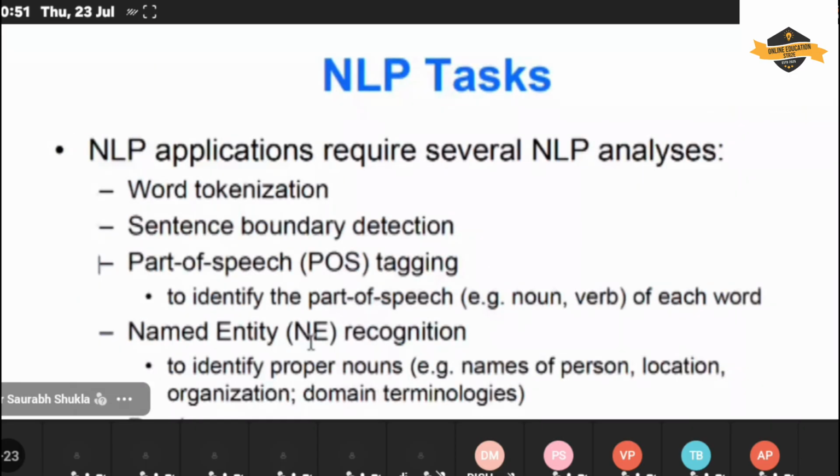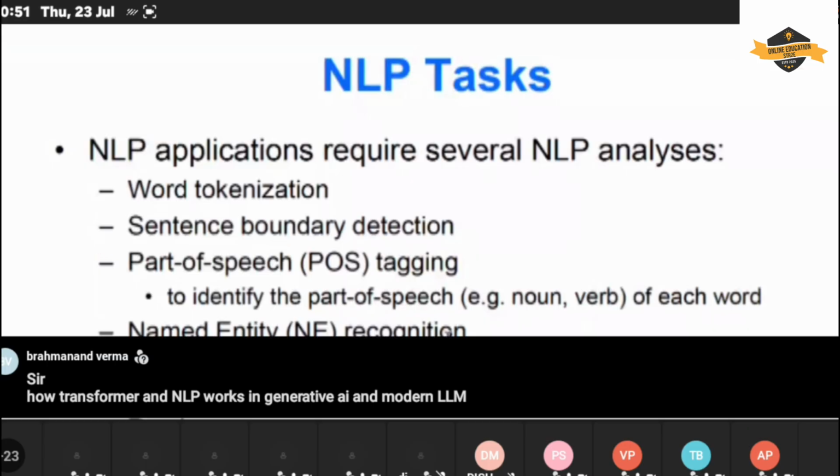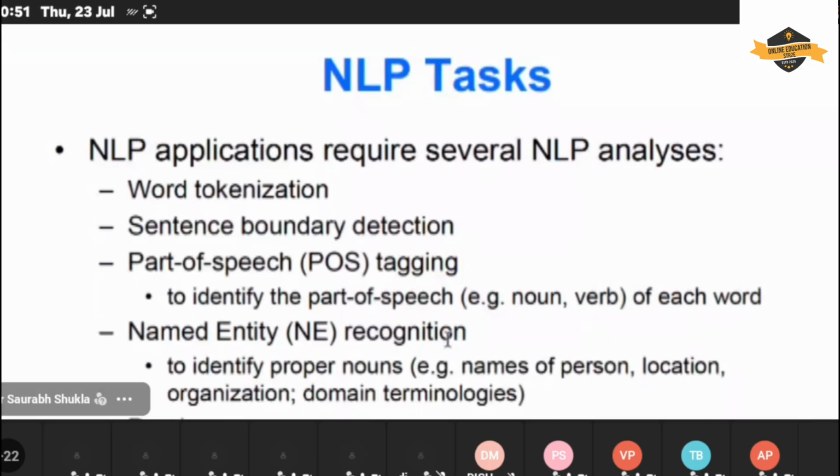After that, there is named entity recognition. What does named entity recognition mean? It means that you are assigning names of a person, location, organization, domain, and all those things. So the sentence is, Bill Gates is the founder of Microsoft.